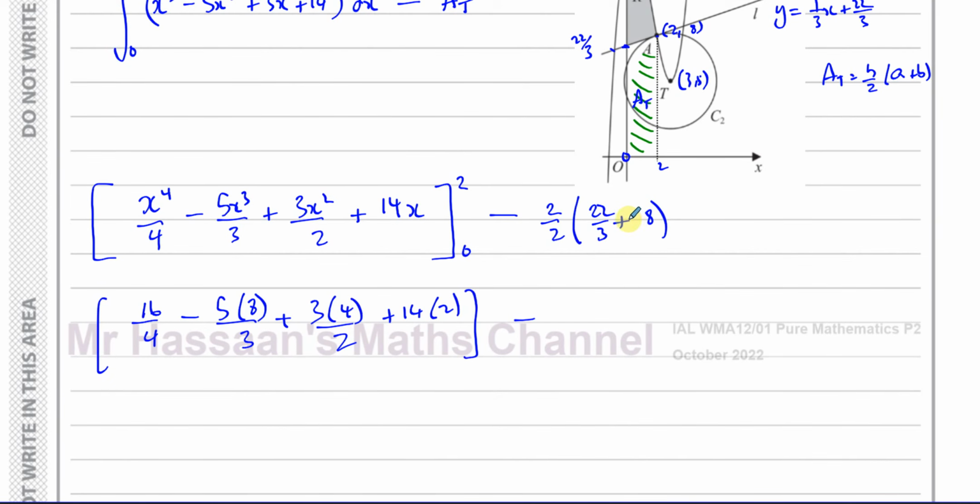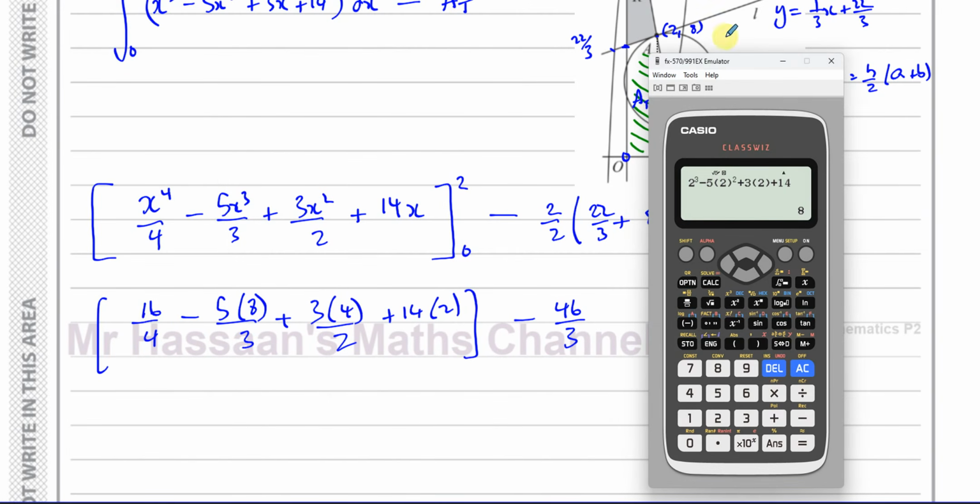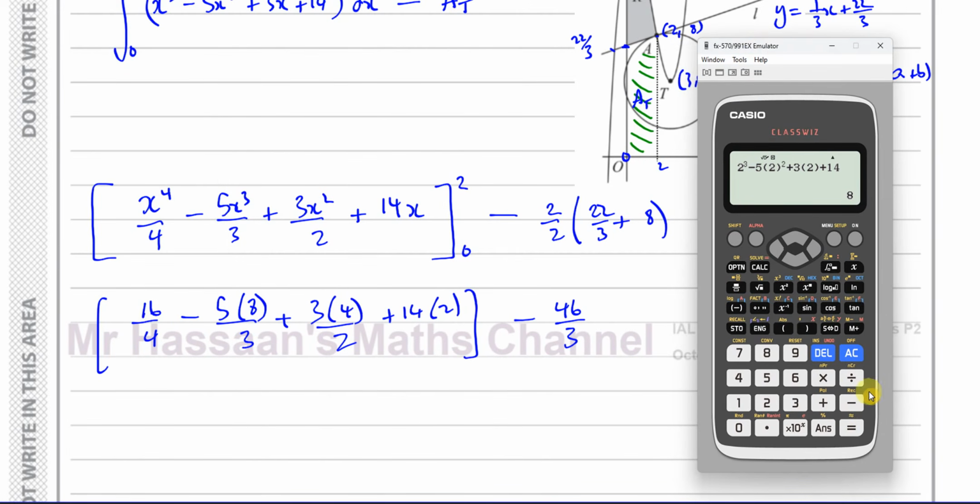That's going to be 22/3 plus 24/3, that's 46/3. So I can actually just put this right into my calculator and see what we get. I'll start from here because that's 8, that's 4. I don't think I've made any silly mistakes there.